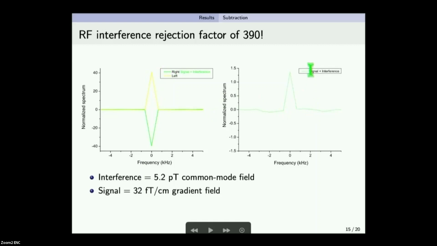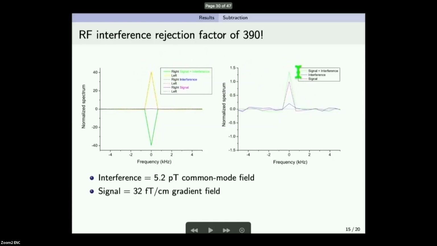But when you do the optical subtraction, you can see the interference is almost completely subtracted out, and it's almost all the signal, the gradient signal. And this is all of them together, just so you can see the signal here is at 1. You can see the interference here. There's the subtracted interference, and the difference here is a very negligible amount to measure.